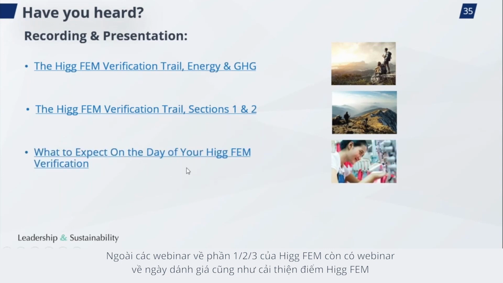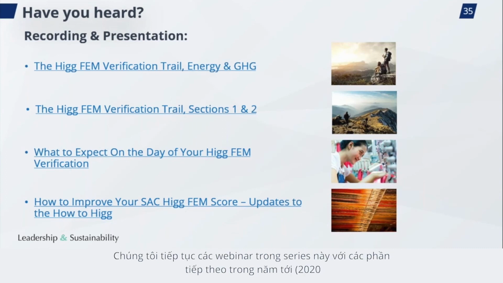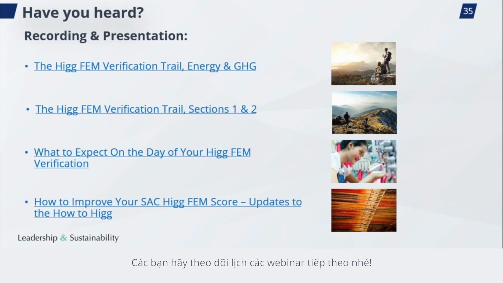We also have one webinar that takes you through the entire Higg FEM verification process, and another webinar on how to improve your SAC Higg FEM score. So there are several webinars available to you. And we will, of course, continue next year with the next sections in the Higg FEM. So please look out for the next announcements about our webinars.